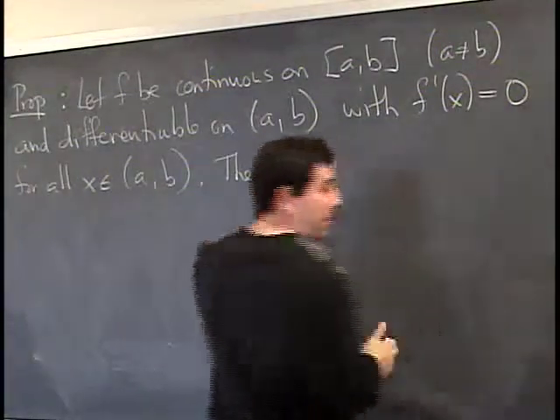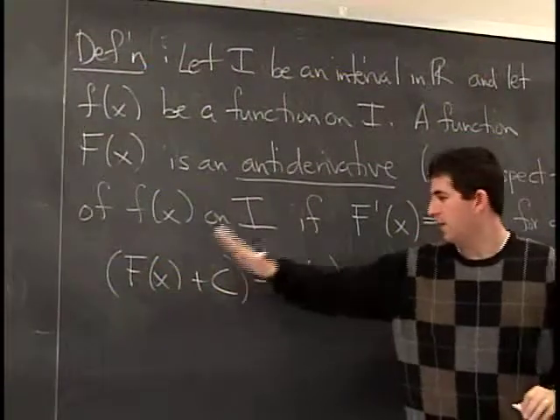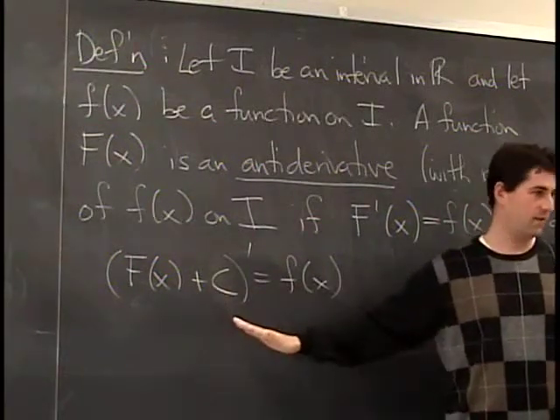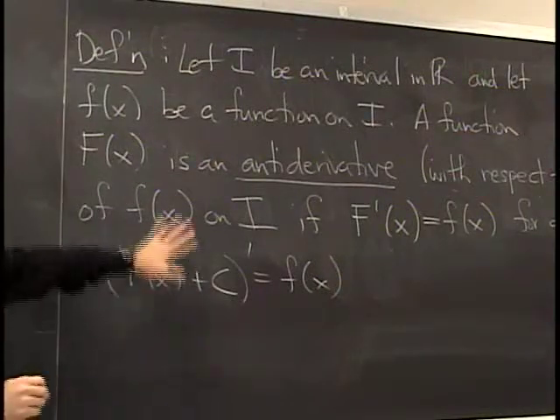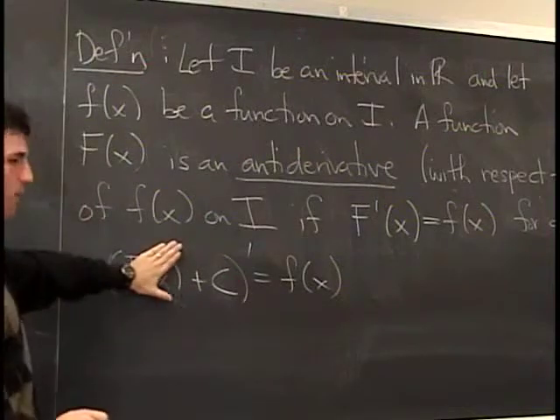That would be the best thing. Remember over here, this was kind of a problem. If we had an antiderivative, we could always add c and get another antiderivative. But it would be really nice if this was the only antiderivative up to a constant.